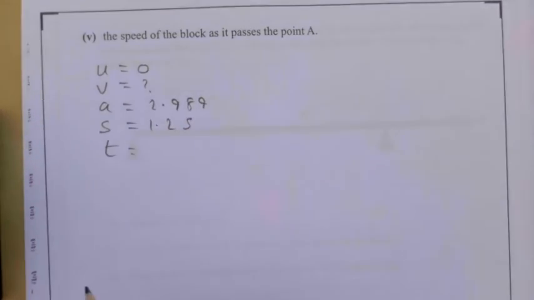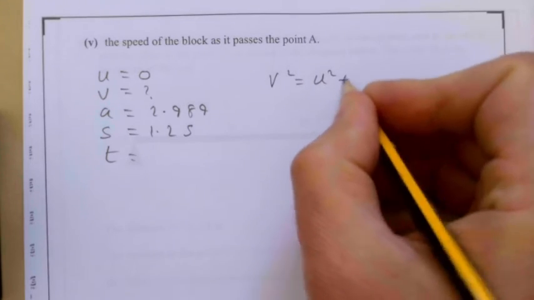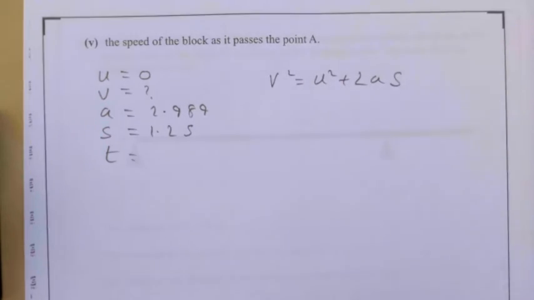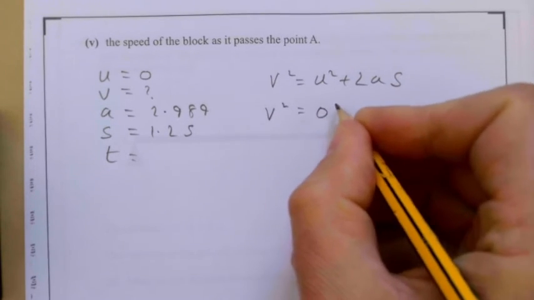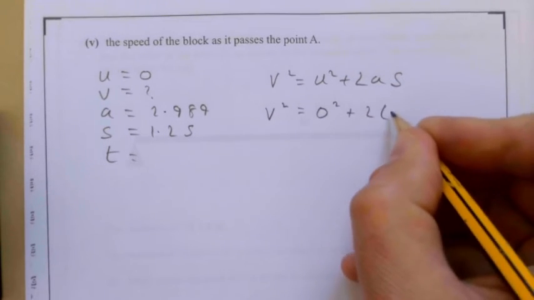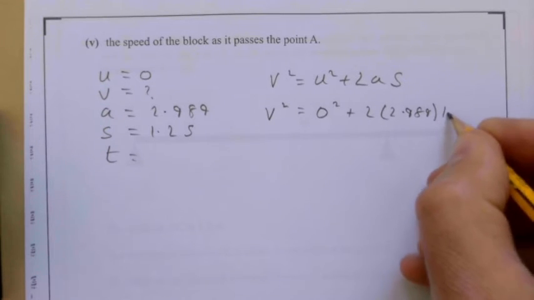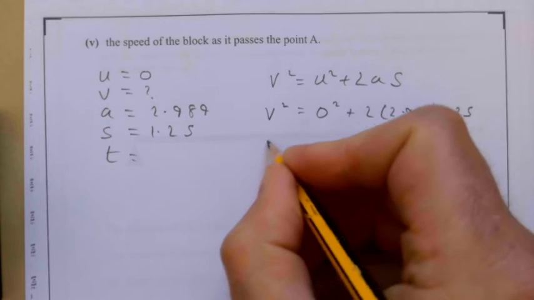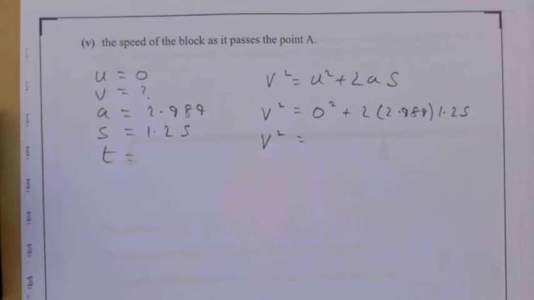U, V, A, and S. So we'll be using V squared equals U squared plus 2AS. V squared equals 0 squared plus 2 times 2.989 times 1.25.